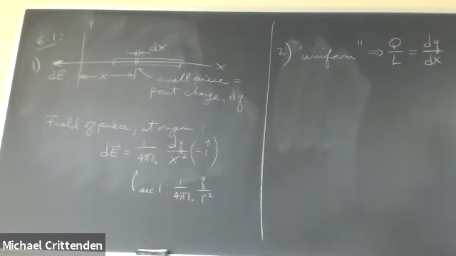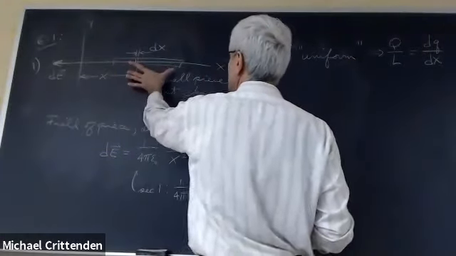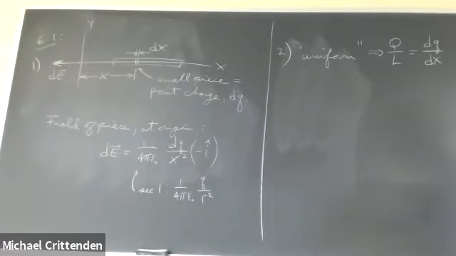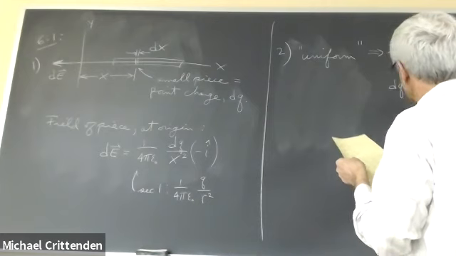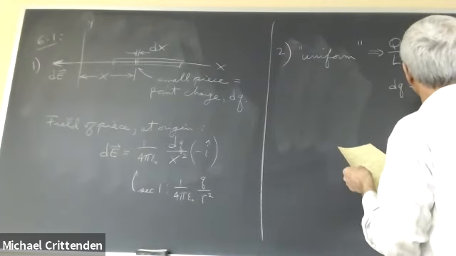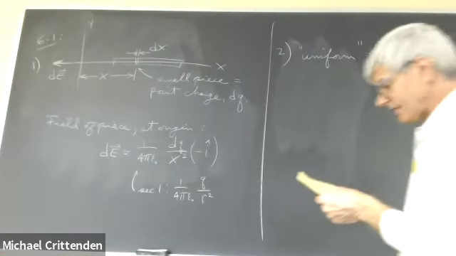Well, it says that in the question: charge Q is uniformly distributed along the rod. L is the length of the entire rod. So charge of the whole rod, length of the whole rod. On the other side of the equals, charge of my little tiny piece, length of my little tiny piece. So charge per unit length for that little bit equals charge per unit length for the whole thing, uniformly charged. So therefore, rearranging, dq equals Q over L, both of them are constants, times dx.